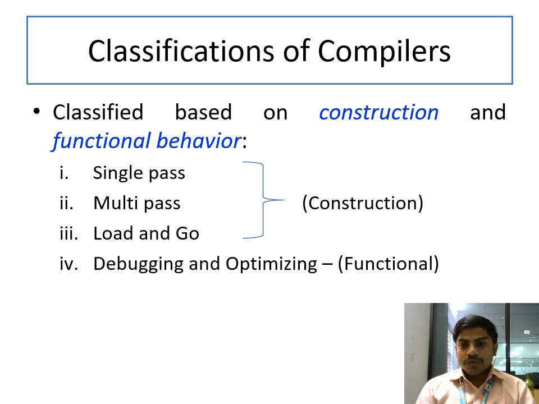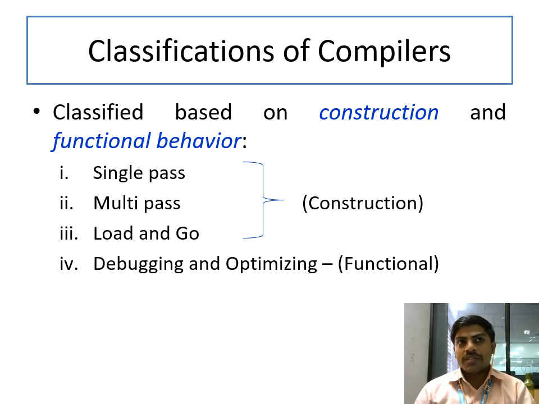Whether the source program is compiled as a whole or whether the compilation happens in a single step, multi-step, or multiple phases depends on the first 3 categories, while the debugging and optimizing compiler is based on the functionality.